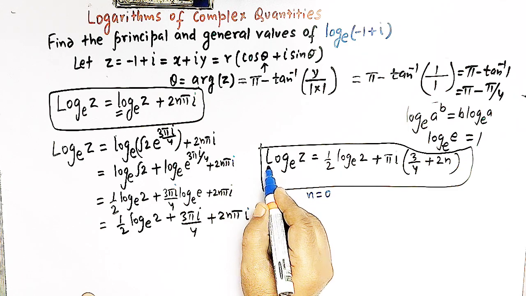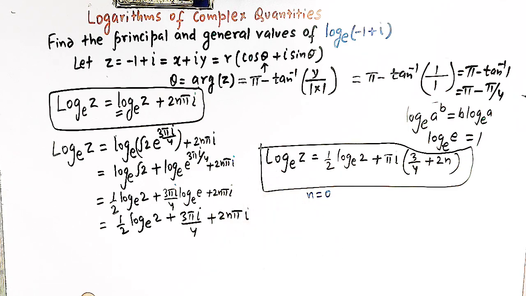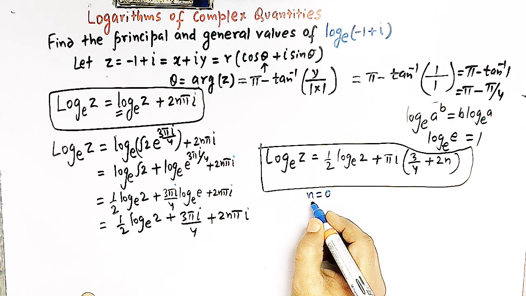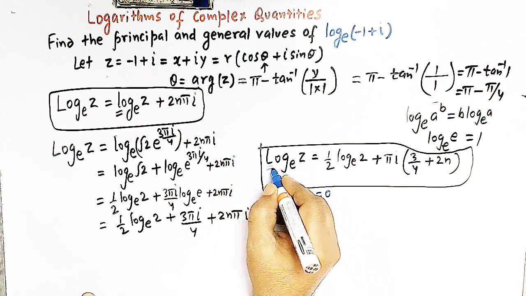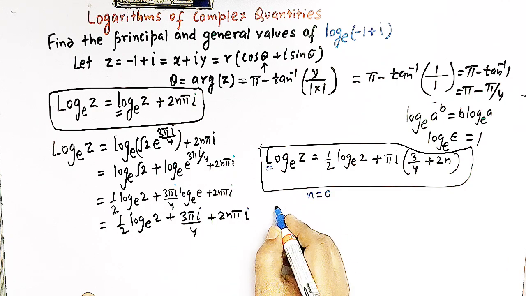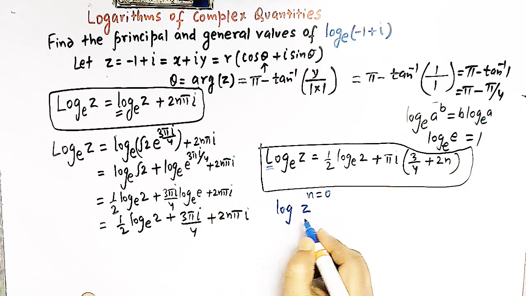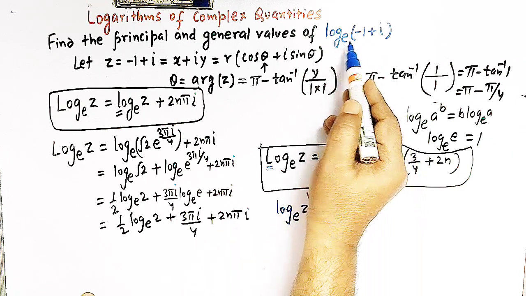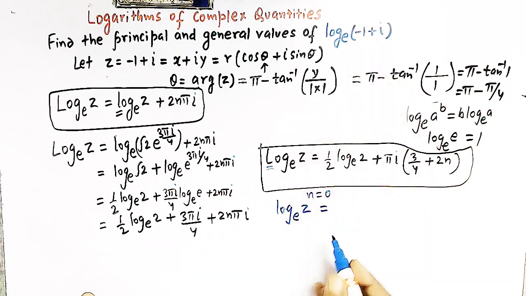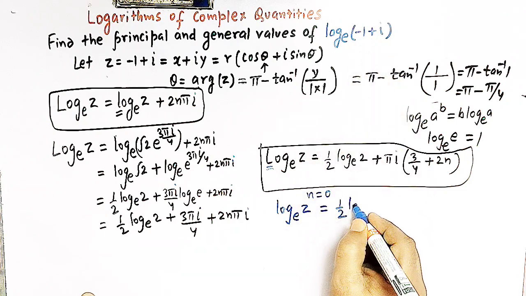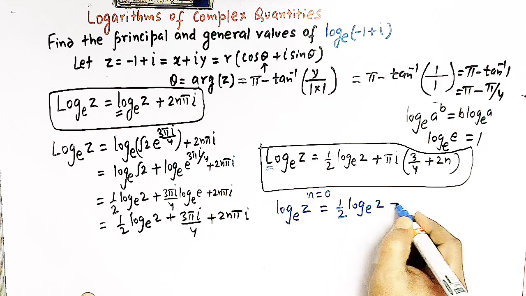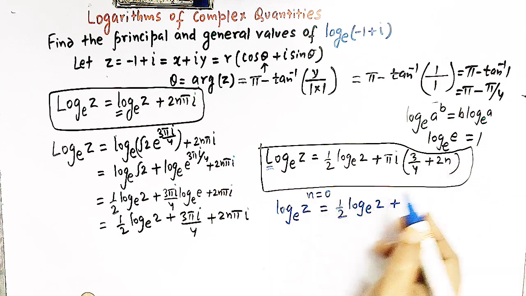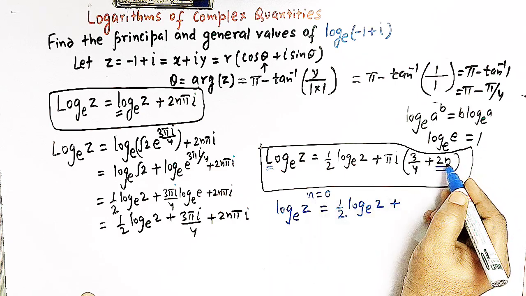So here we'll replace this capital L by small l when we take n equal to 0, and this notation denotes the principal value of the logarithm of minus 1 plus I. So here we have half log 2, and since n is equal to 0, this term is 0.